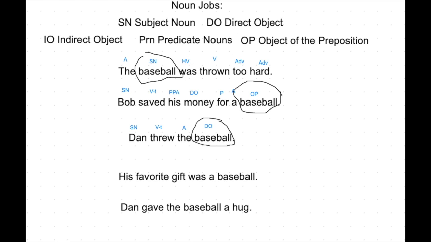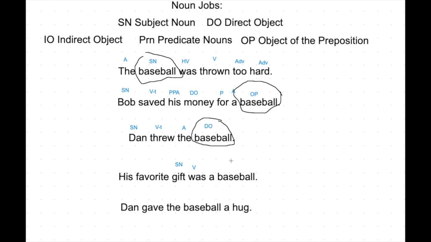His favorite gift was a baseball. Whose favorite gift, or I said that wrong, I'm sorry. What was a baseball? Gift, subject noun. What is being said about gift? Gift was, verb. Gift was what? A baseball. Does baseball mean the same thing as gift? Are they referring to the same thing, the same object?